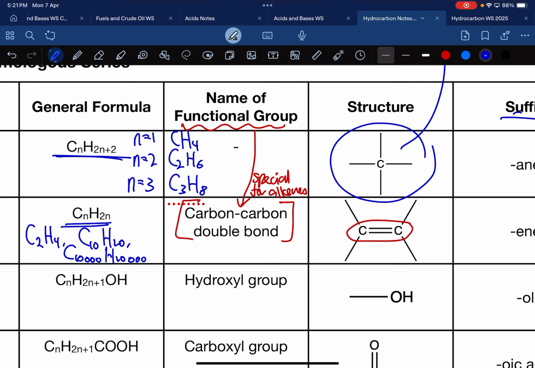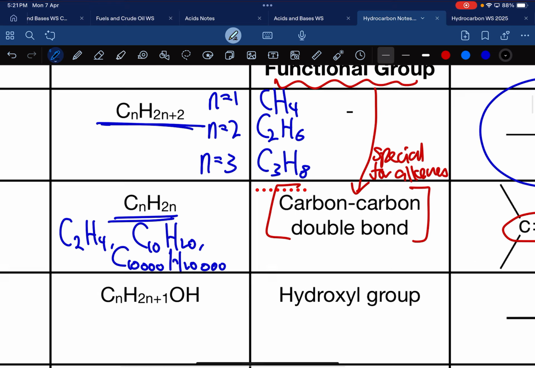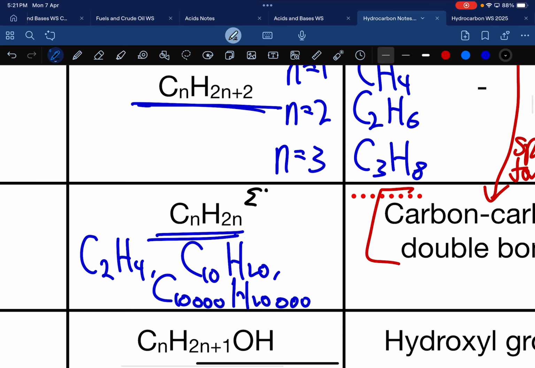Clear? At the same time, can you tell me what's the empirical formula for alkenes? Can you remember what's the empirical formula? It's the table, sure.